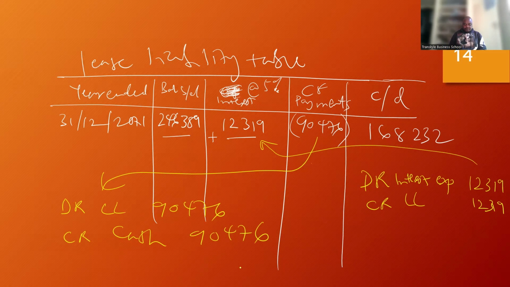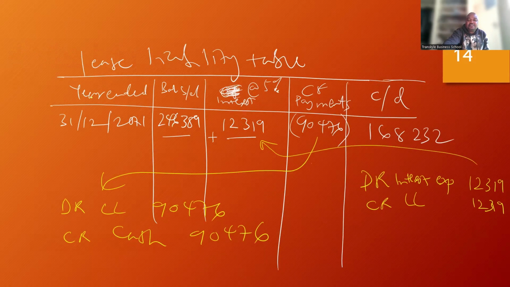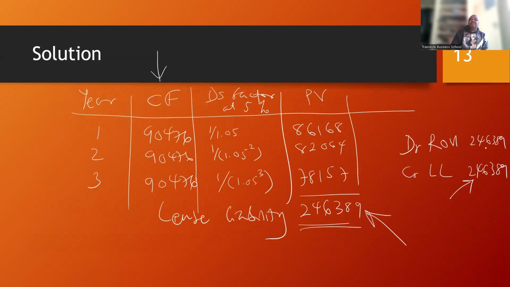Okay. Now, there is also the aspect of depreciation, because this asset is going to be there for 3 years. The right of use asset depreciation: the asset is for 3 years, but we recognized it at cost. This was the amount which we attributed to the right of use asset, remember, the 246,389. So depreciation is going to be based on that.